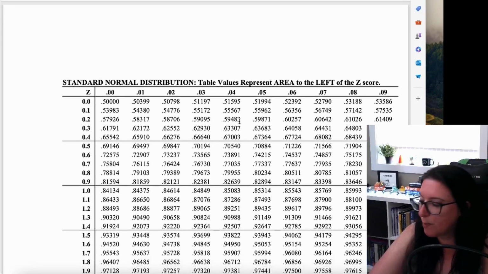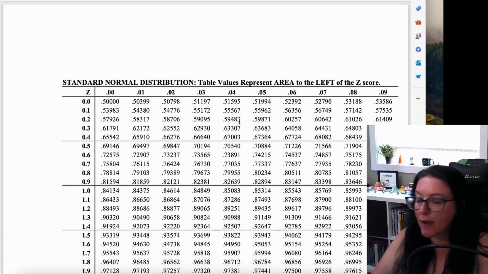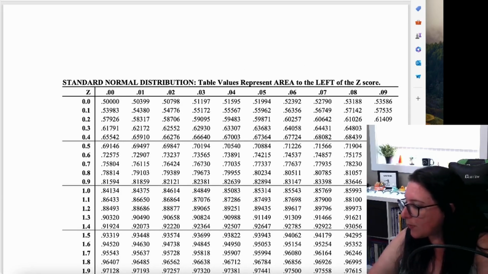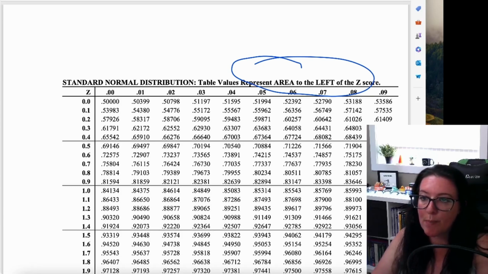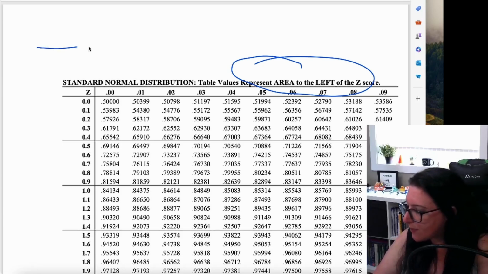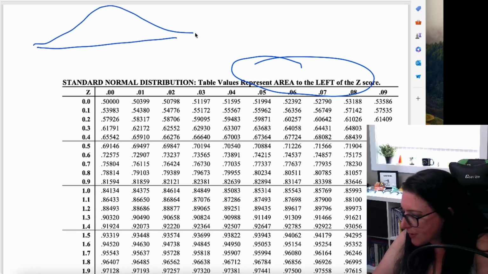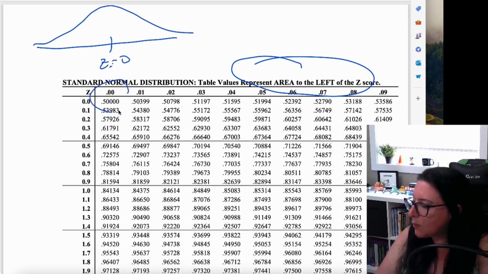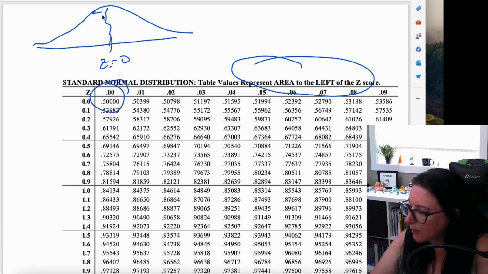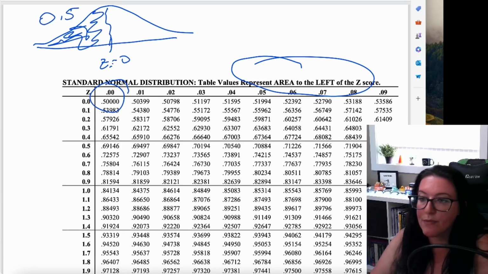They are sometimes reported differently, so be very careful if you're using a standard normal table about what it says. This one says the table represents the area to the left of the z-score. So here's our standard normal distribution. Here is where z equals 0. So when you look at z equals 0, it's telling you that all this area here is 0.5.